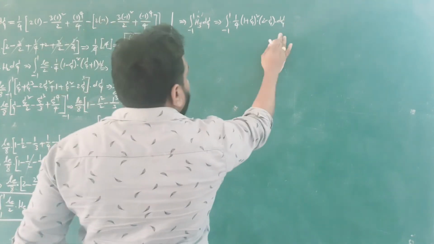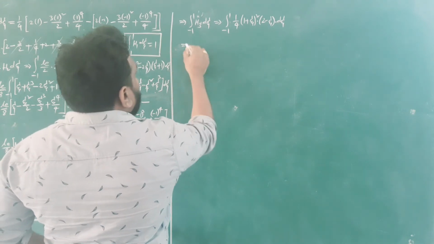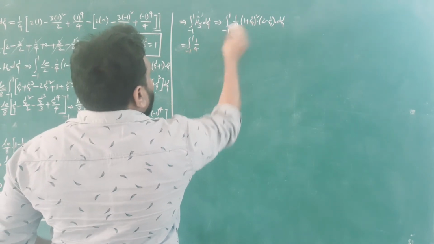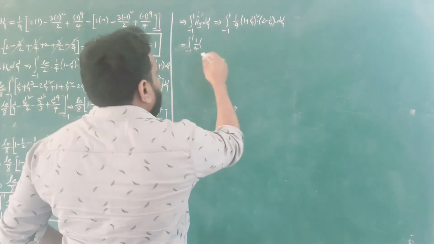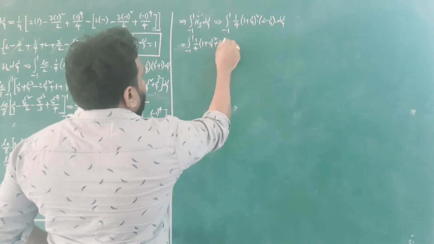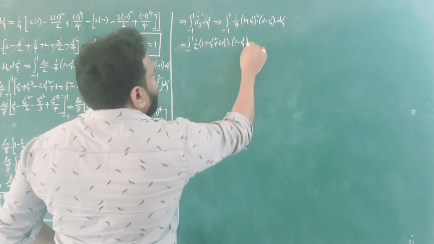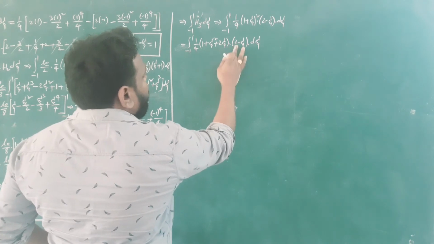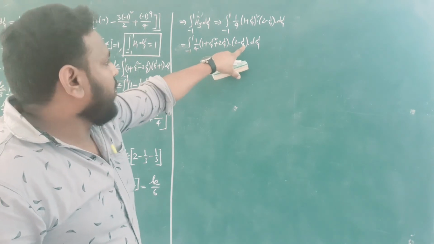Now split the entire equation: that is just like the (a plus b) whole square equation, so applying it, 1 square plus j square plus 2j, into (2 minus j) dj. First we have to multiply with 2 and then with minus j.